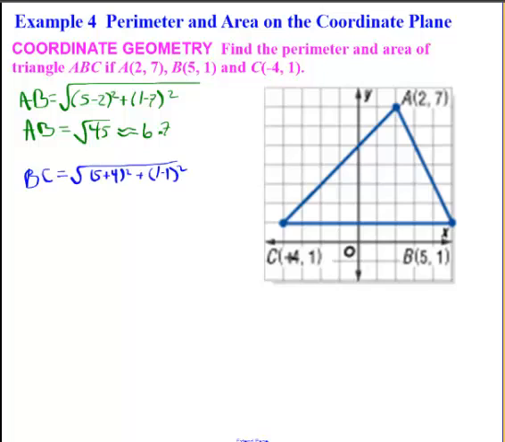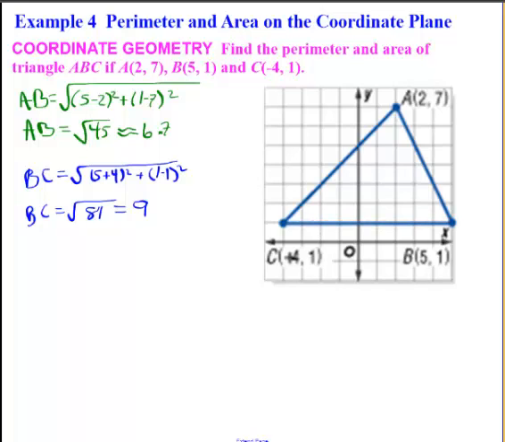Now I'm going to take my next side, BC, and here I could do the distance formula again. 5 minus a negative 4, which is really 5 plus 4 squared, plus 1 minus 1 squared would give me the square root of 81, which is 9. And if I didn't want to do the distance formula, I could just count, because this is on a straight line and not slanted, and get 9.